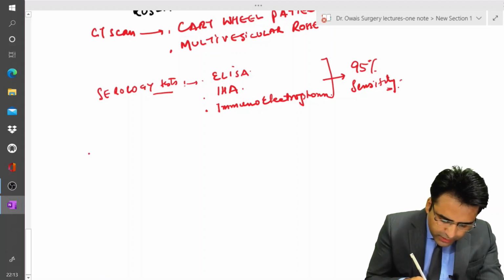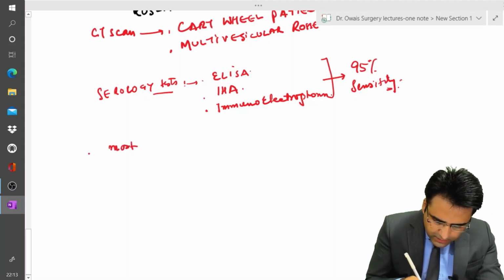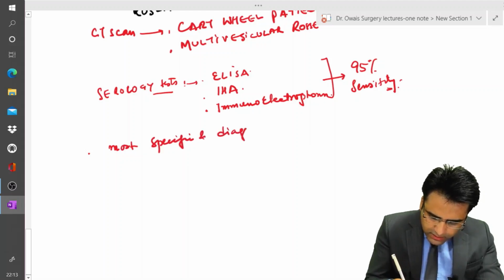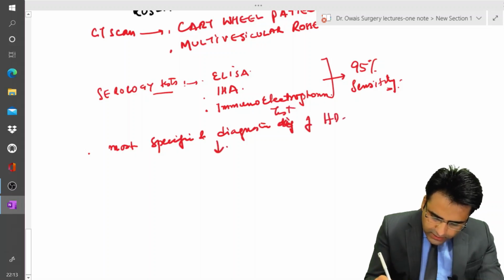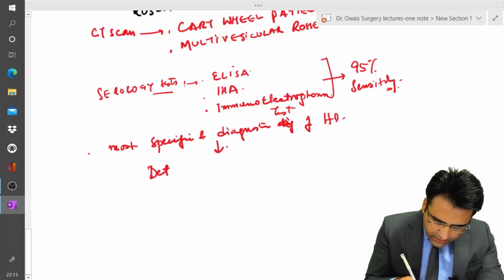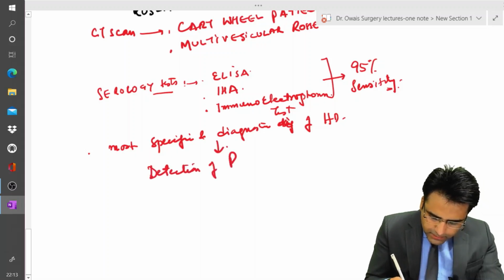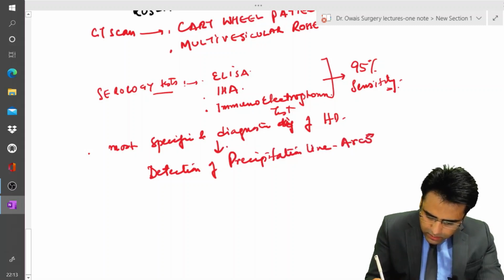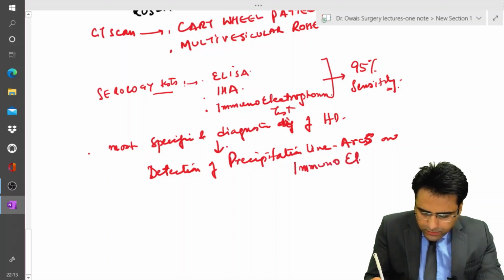Now another important point is that the most specific, please remember this point, the most specific and diagnostic test of hydatid disease, hydatid cyst of liver, is detection of precipitation line, that is ARC5, on immunoelectrophoresis.